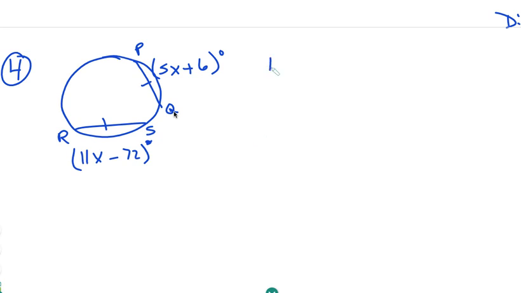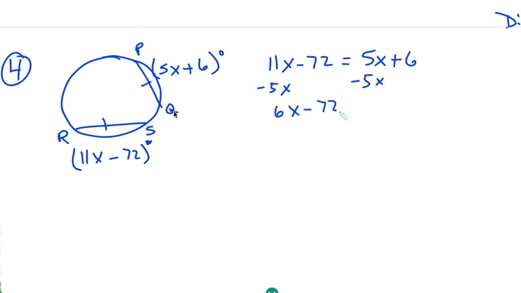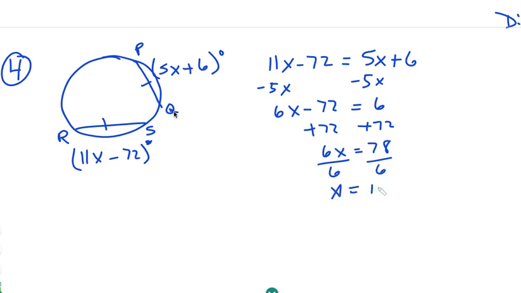So I'm going to have 11x minus 72 is equal to 5x plus 6. I'm going to zero pair out your 5x. 6x minus 72 is equal to 6. Zero pair out the 72. So 6x is equal to 78. Divide by 6, divide by 6. X is going to equal 13.